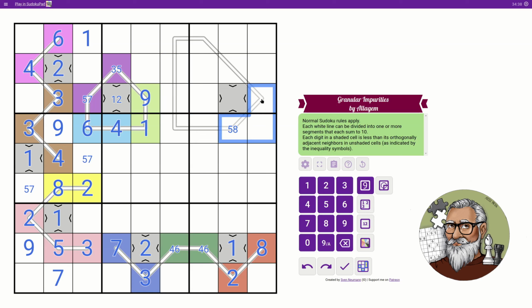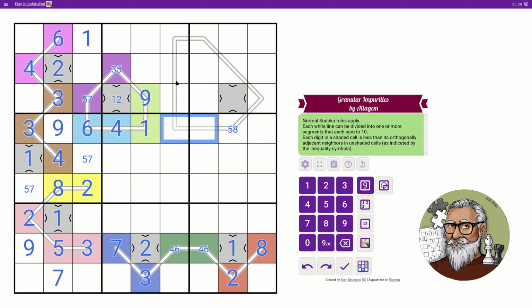Okay, and if this is 5-5, then this could be 8-2. That's even easier, I think. If the 8-2 doesn't give us problems, then is it easier? 5-5, 8-2. Why wouldn't it be? And I can continue with 3 here too.